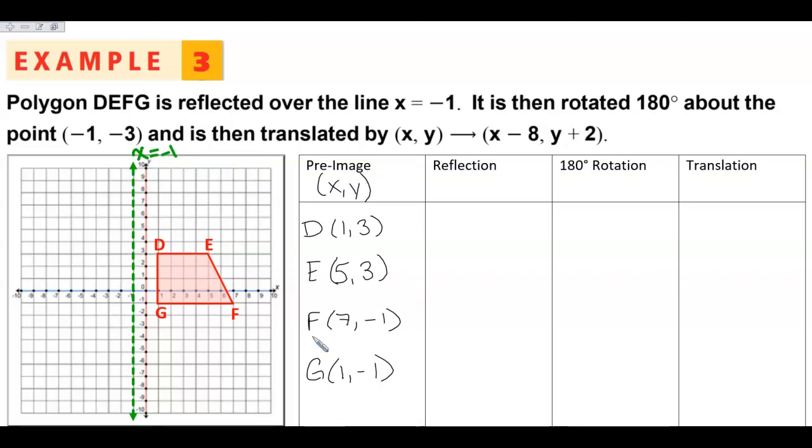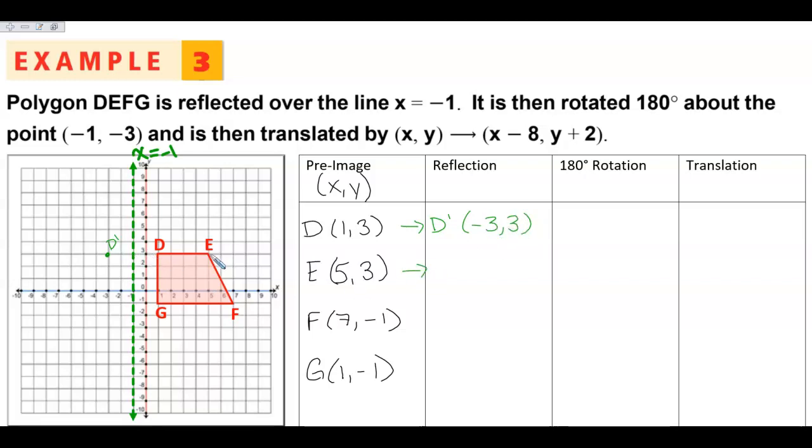All right? So again, the best way to deal with these when you don't have a reflection that is specific over one of our given lines is to just count. So D is 2 from the line, so D prime is also going to be 2 from the line on the other side. So D prime is going to be at the coordinates negative 3, 3.